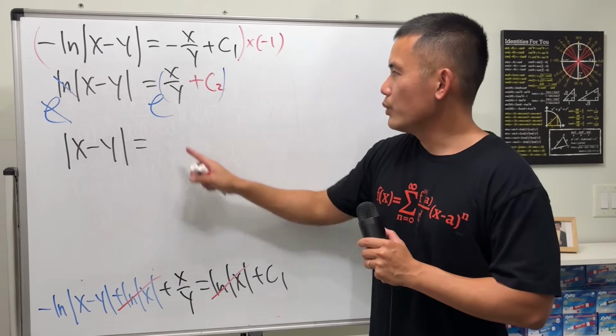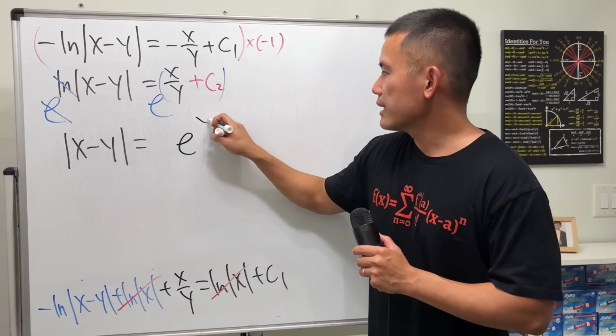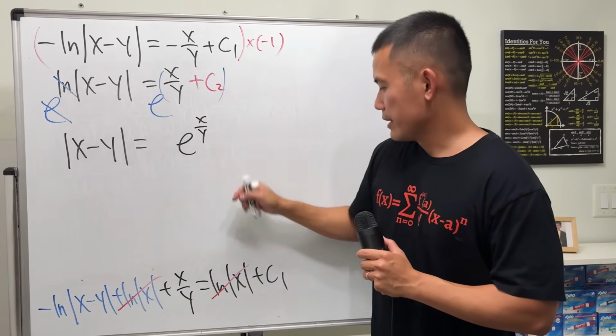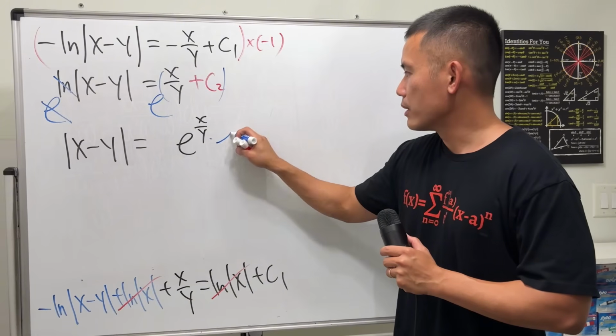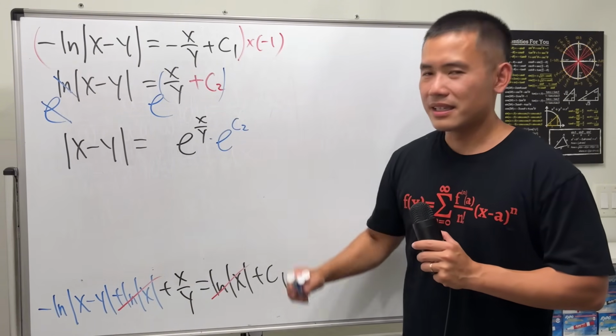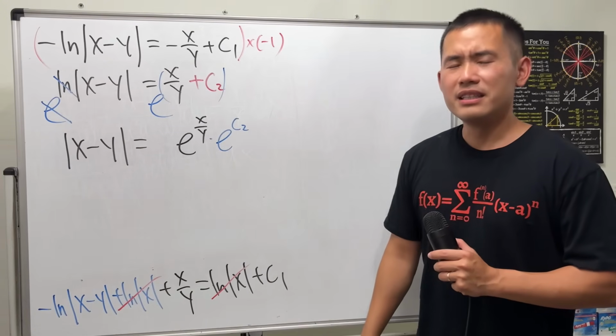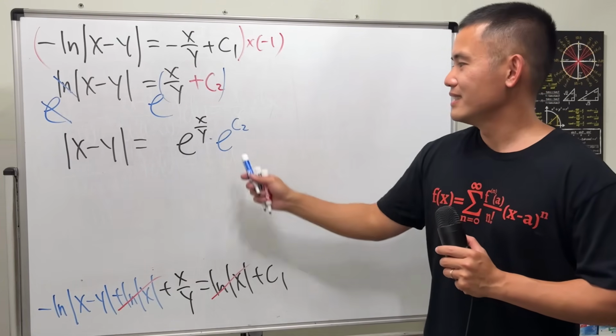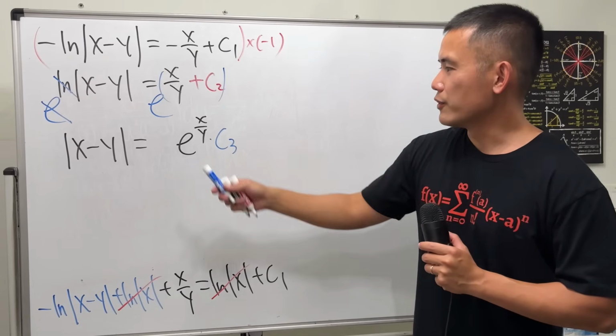So technically we will have e to the x over y, and you multiply that by e to the c2 power. But here we go again. c2 is a constant, e to a constant is just another constant. So I'm going to replace this with c3. And I like to put the c3 in the front as well.